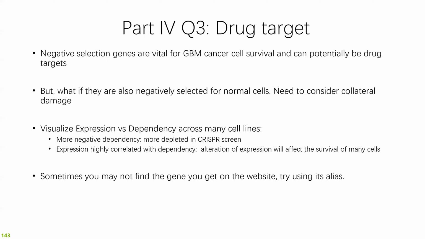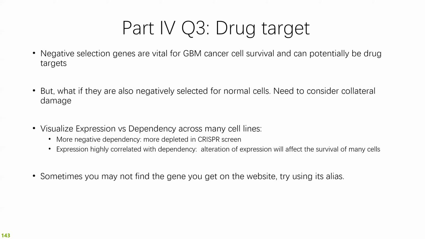So you will go to a website and check, for the potential drug targets, their expression versus dependency. If you see that its expression is highly correlated with dependency, which means that the alteration of the gene expression will affect the survival of many cells, then this gene cannot be used as a drug target.